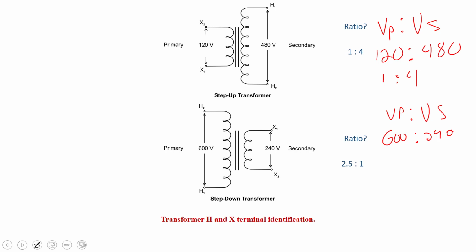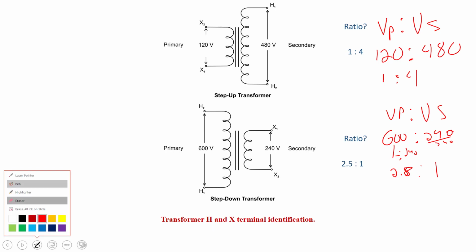So 600 divided by 240 is 2.5, and 240 divided by 240 is 1. So 2.5 to 1, that's the ratio of the transformer. We are going to look at how turns ratio is the same, so I'm going to give you guys an example with that.